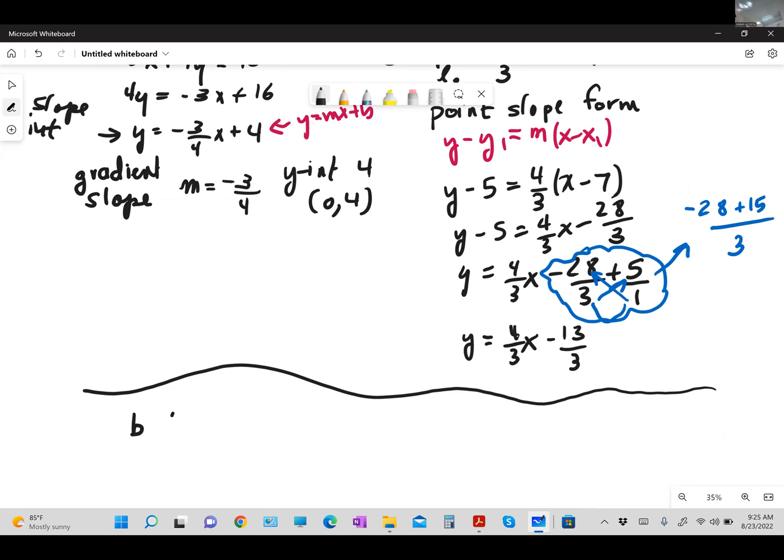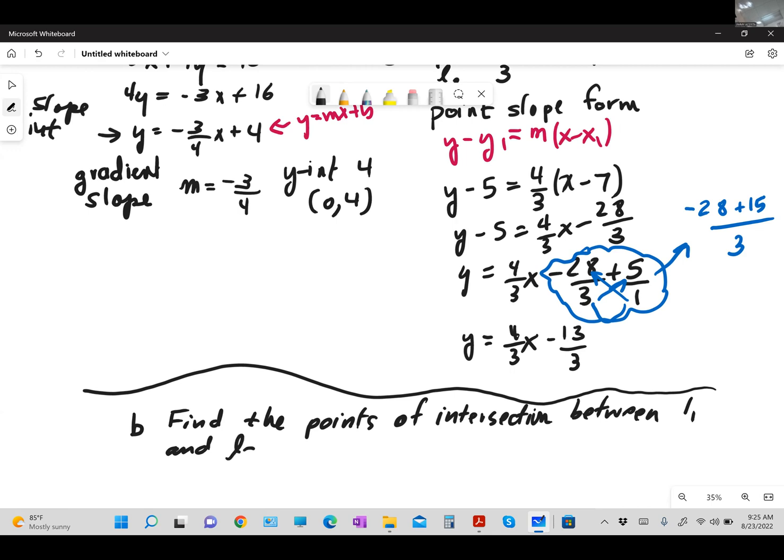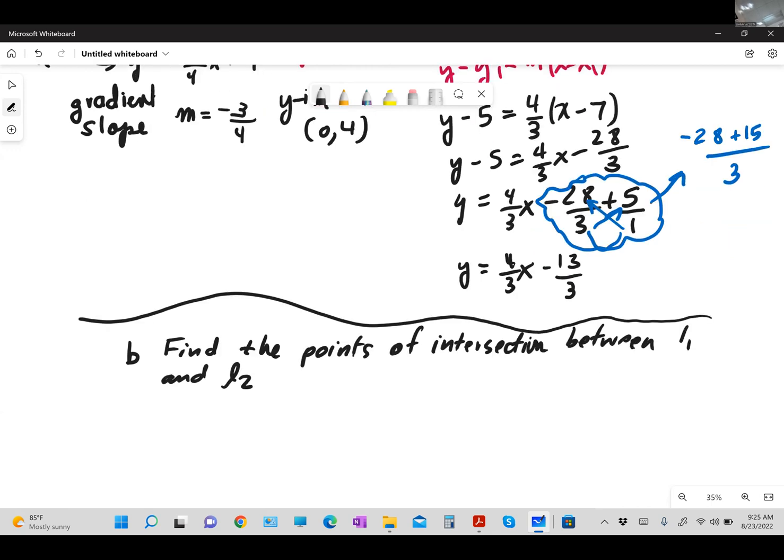It says, find the points of intersection between L1 and L2. All right.